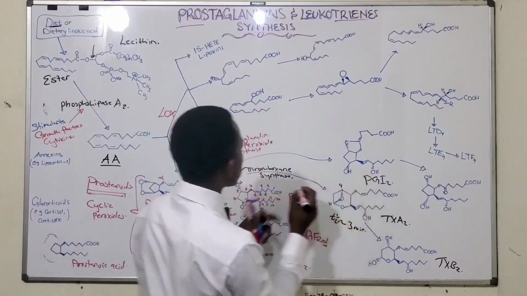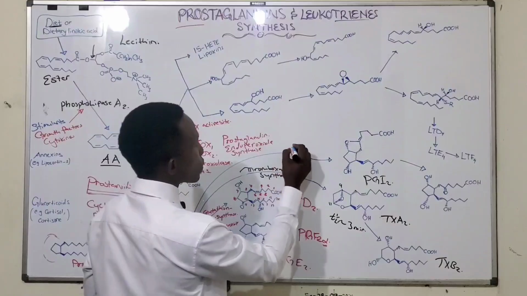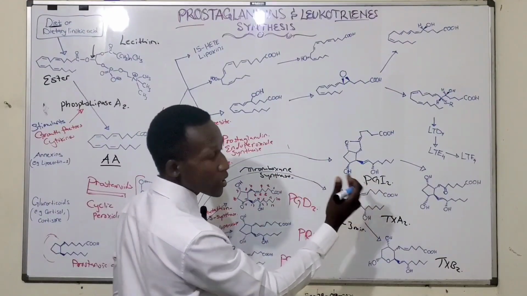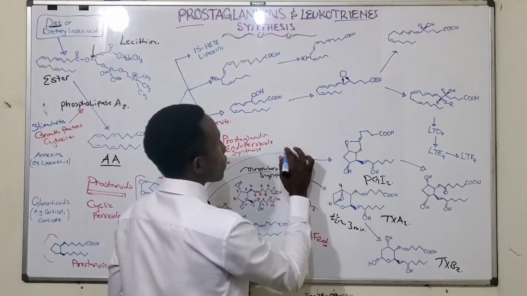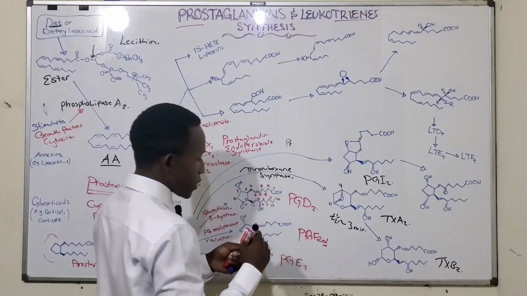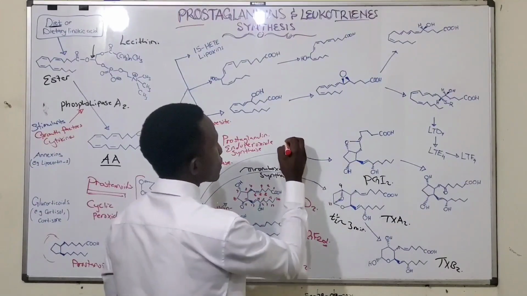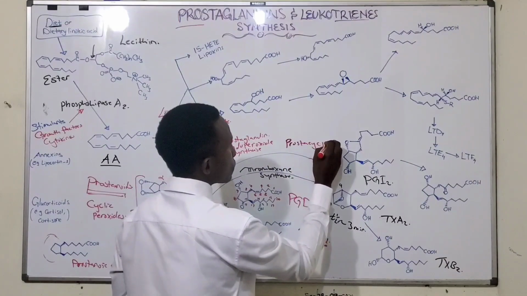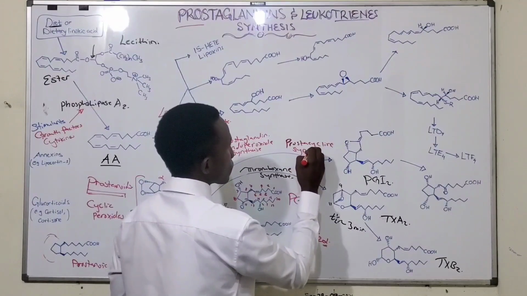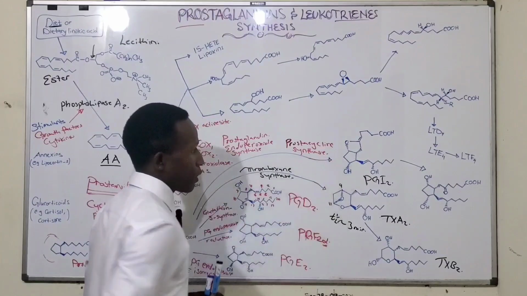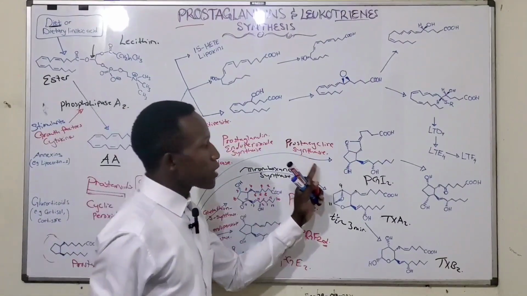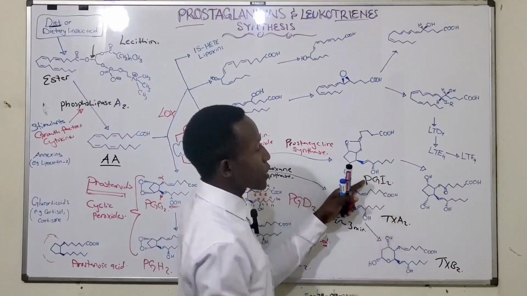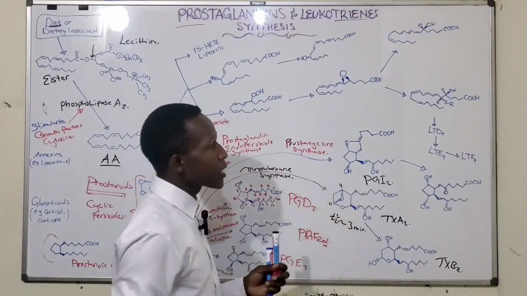Then prostaglandin G2 is converted by the enzyme called prostacyclin synthase. This prostacyclin synthase provides prostaglandin I2, or prostacyclin. Why is it called prostacyclin?